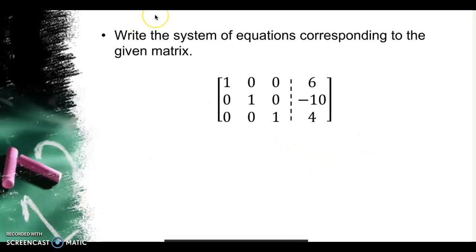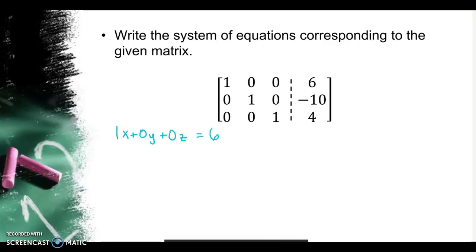So now let's go backwards. We have an augmented matrix, and we're told to write the corresponding system of equations that go with this matrix. So that's going to look like 1x plus 0y plus 0z, and that dot is the equal sign, equals 6.